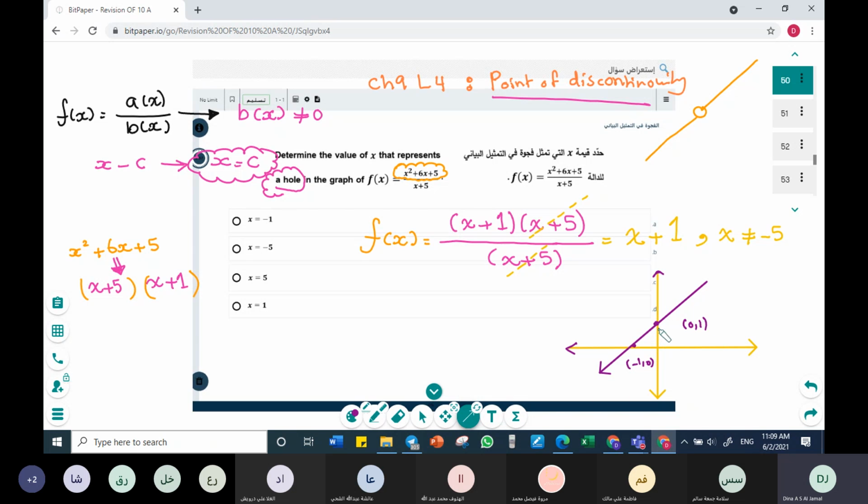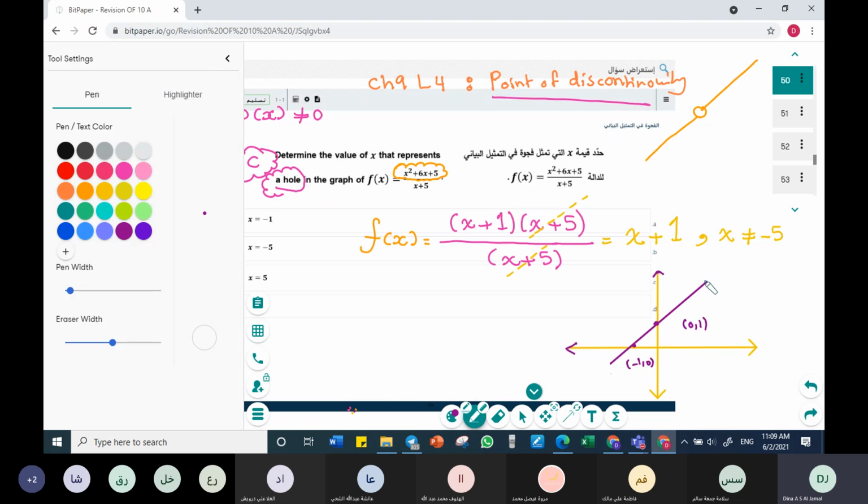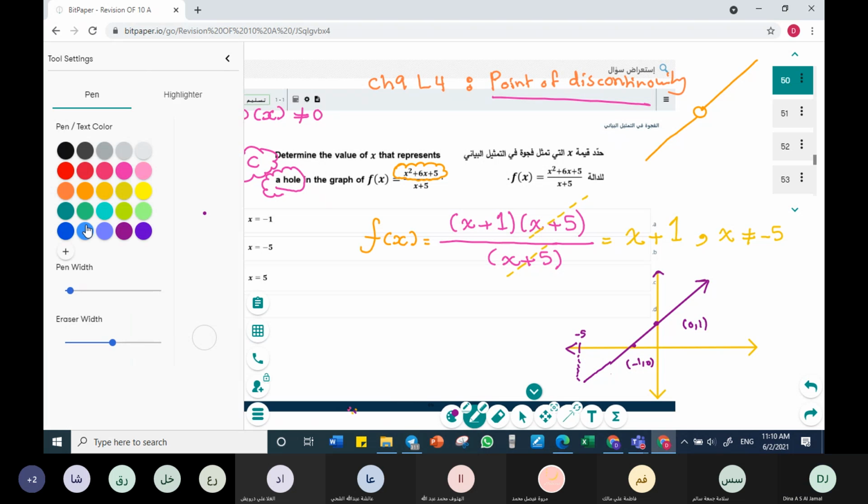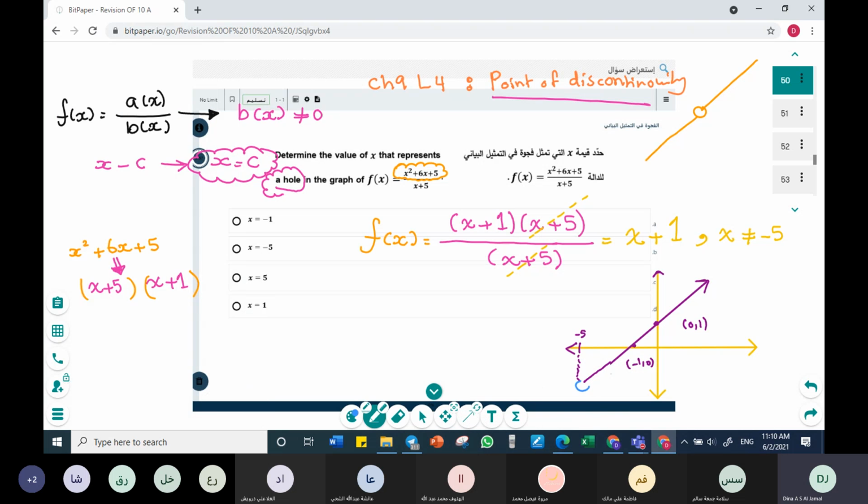But pay attention, I have a hole. So my graph will have an arrow up, but down, I will wait until I reach, for example, let's assume that here is my minus 5, and it will have a hole at this point. So here is my graph, and let's continue. It will be a line like this.